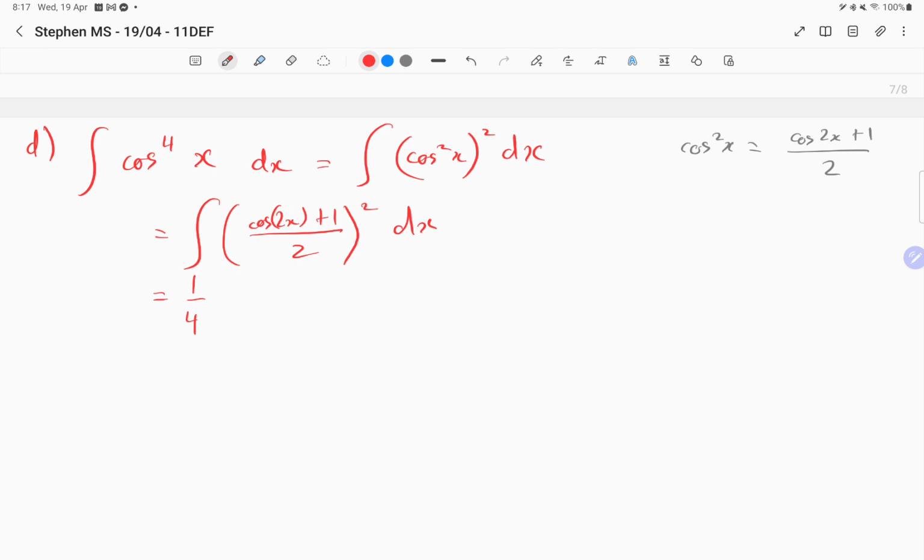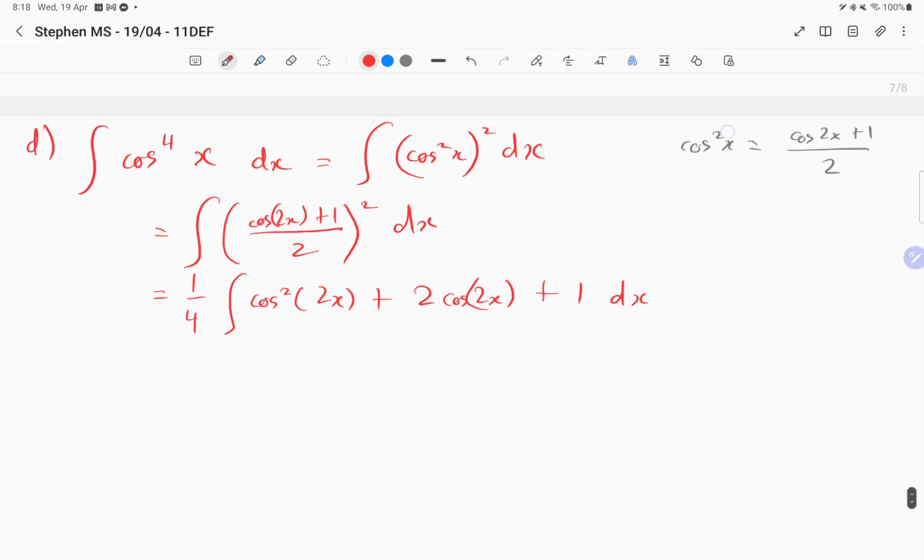So 1 over 4 antiderivative, and then a squared plus 2ab plus b squared: cos squared 2x, plus 2 times a times b, so 2 cos 2x, plus b squared, which is plus 1, dx. Make sense? So it's cos 2x everything squared.